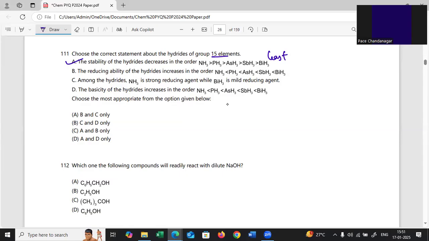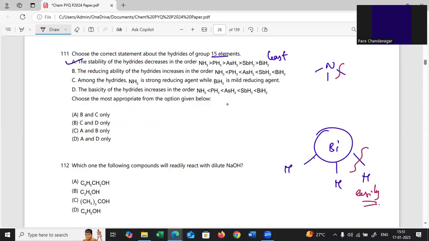Then, reducing ability of the hydrides increases in the order. This is also right. Imagine NH3 is small and Bi is a big one, BiH3 is like this. Obviously hydrogen will be released easily here, and here to release hydrogen is a little tough.